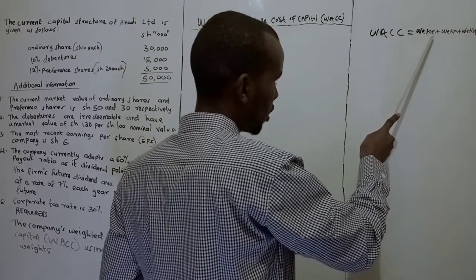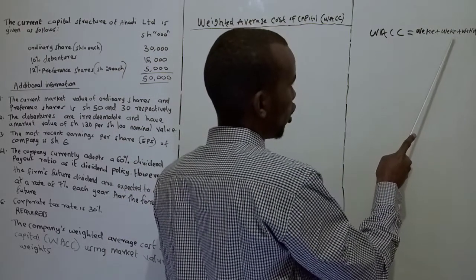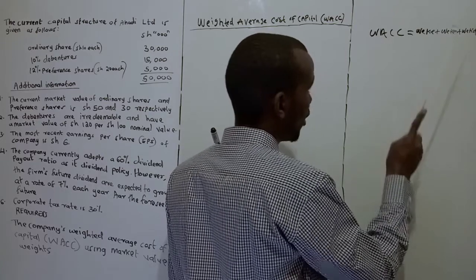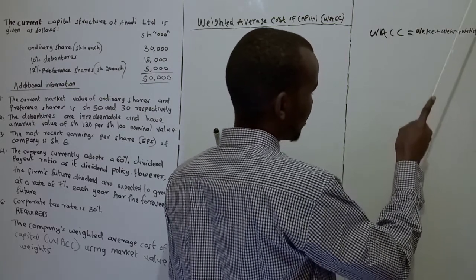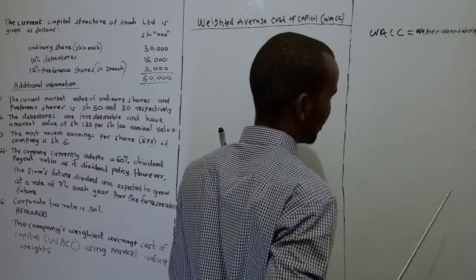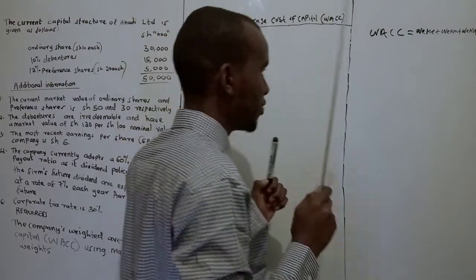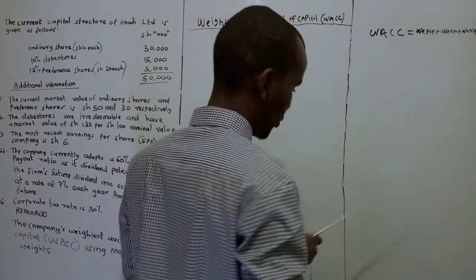Then we add the weight of the preference share multiplied by the cost of preference share. Then we add the weight of debentures multiplied by the cost of debentures. This will give us the weighted average cost of capital.